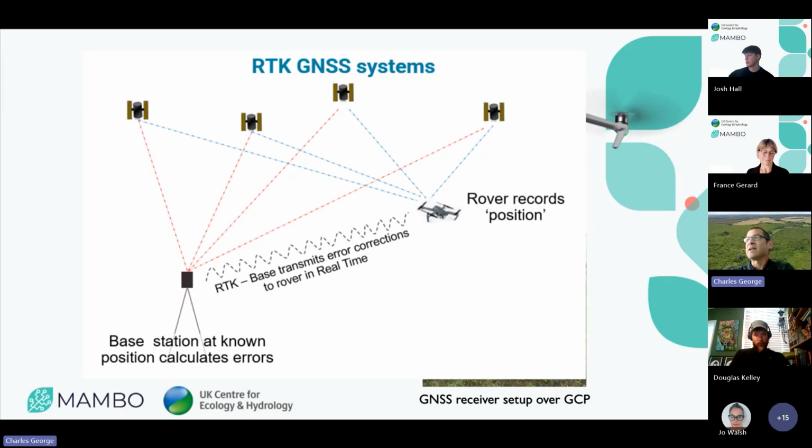And then the rover will know its position to within 10 centimeters. And so it will record that for each image that's being taken.